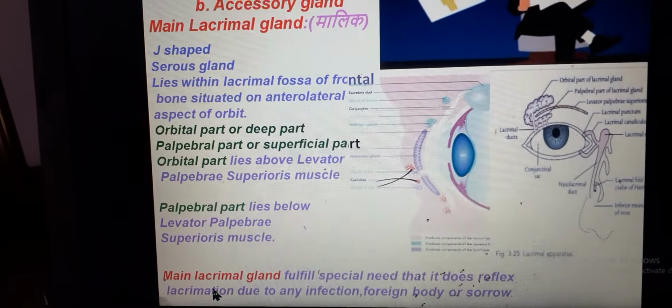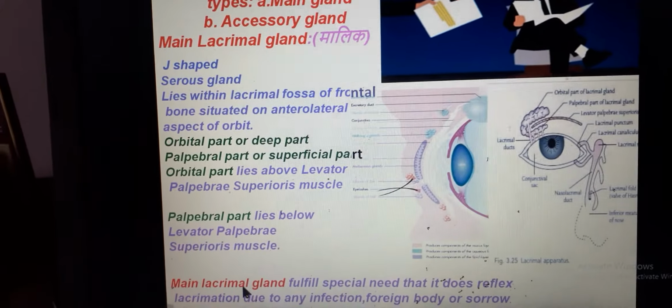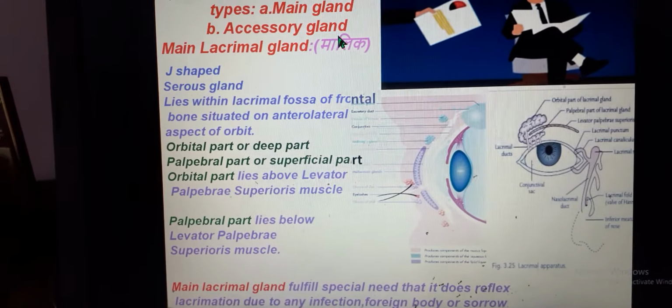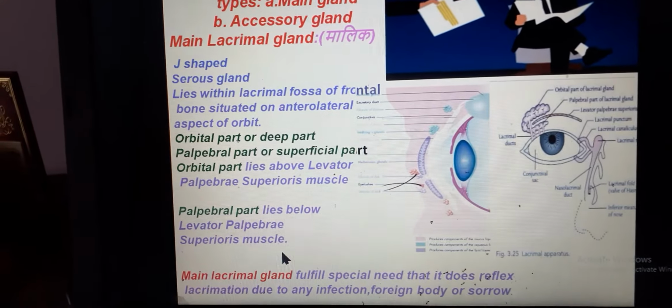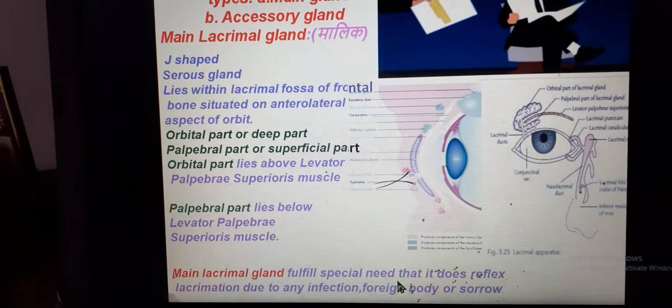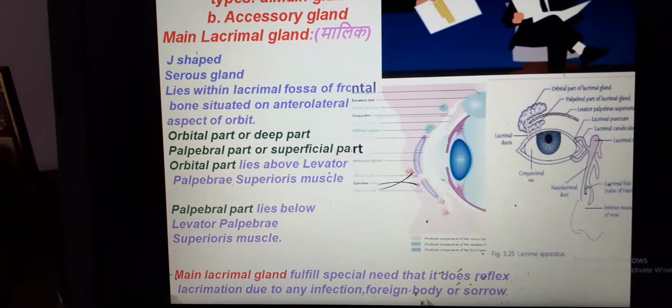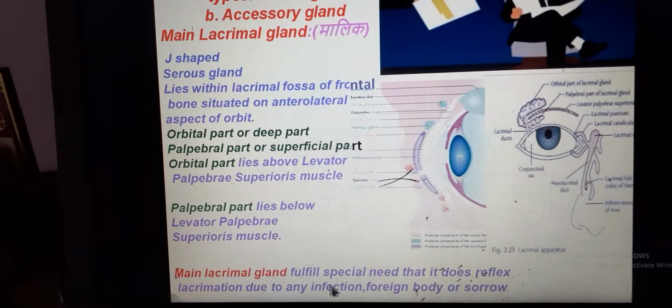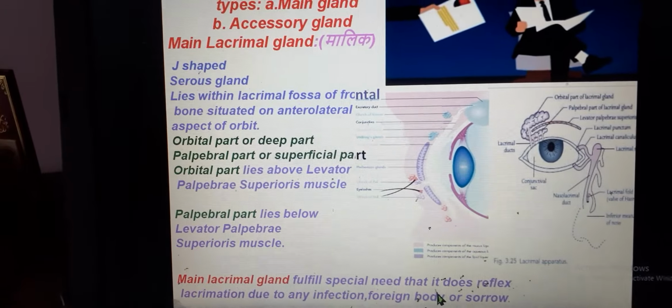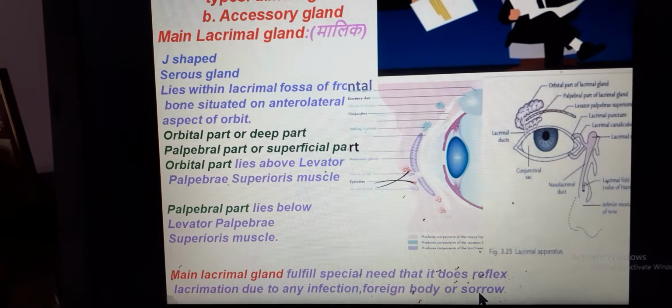Okay, and its action: main lacrimal gland, just like a Malik, owner, fulfills a special need, that it does reflex lacrimation due to any infection, foreign body or emotion.